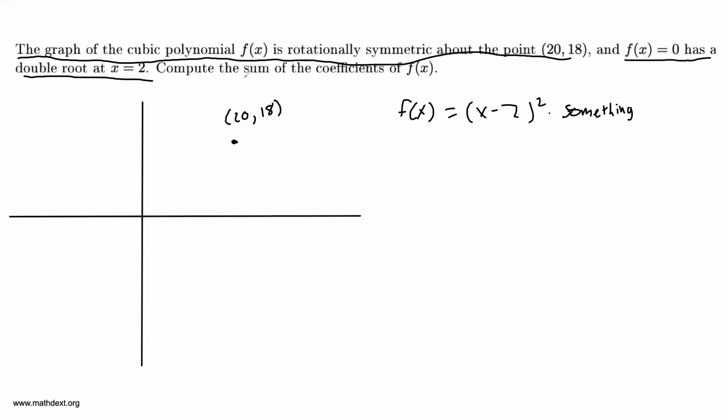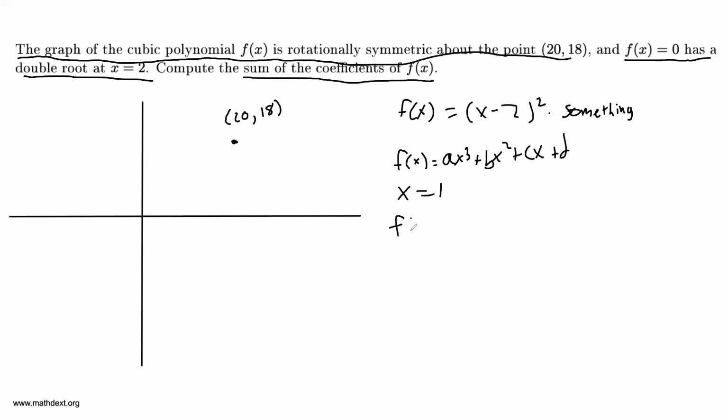And we want to compute the sum of the coefficients of f of x. A tip for problems that involve finding the sum of coefficients of a function is, let's say f of x is equal to ax cubed plus bx squared plus cx plus d. If we want the sum of the coefficients, a useful trick is to plug x equals 1 in.